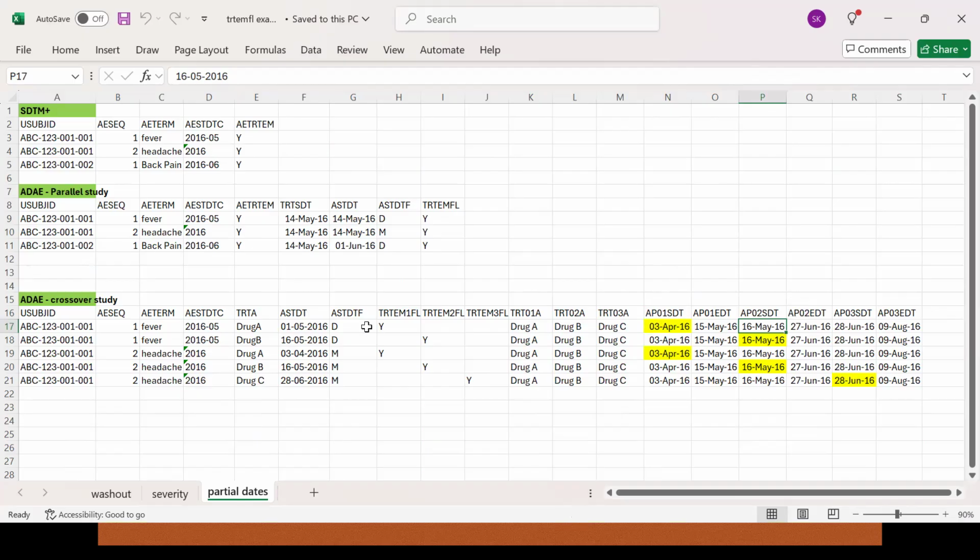One where you impute the ASTDT corresponding to your first treatment period, and hence it will be 1st of May 2016, and the second where you consider the 16th May treatment start date, so the adverse event start will become the 16th of May 2016, because the month and year part is the same for both the treatment start date for period 2 and the adverse event start date.